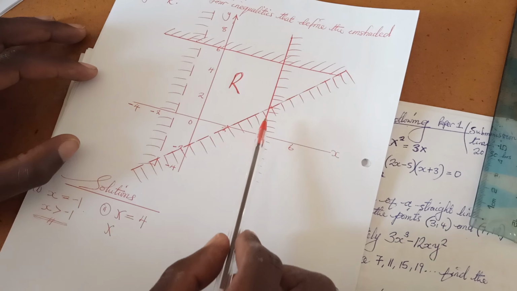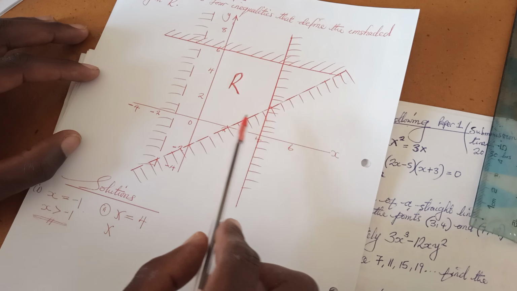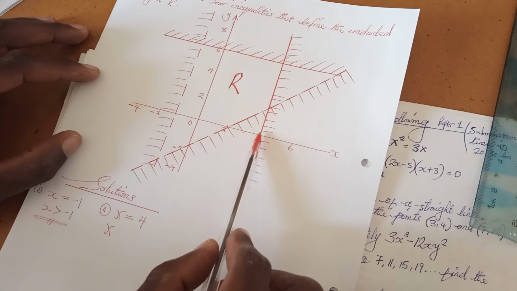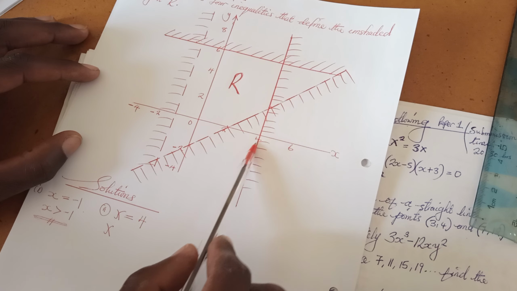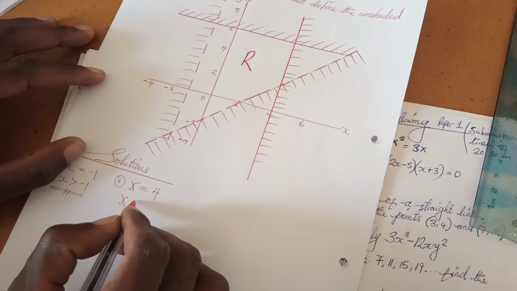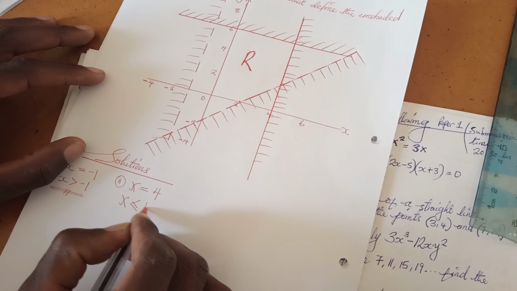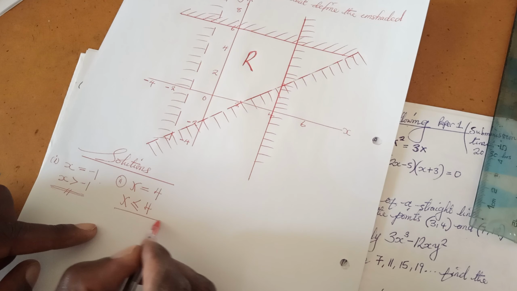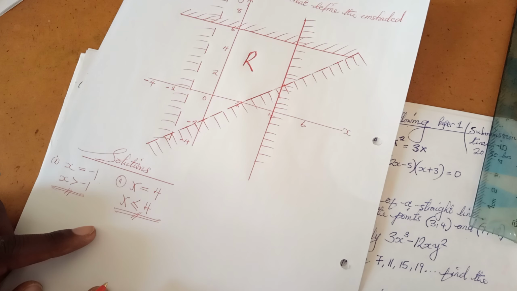So here, x is less than or equal to 4. Why are we saying equal to 4? Because the line is a solid line. So we're going to say x is less than or equal to 4 because it is a solid line.